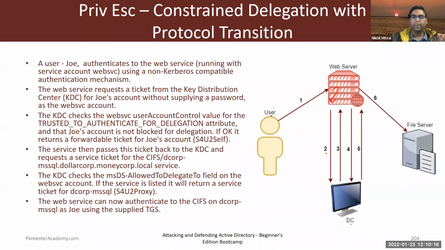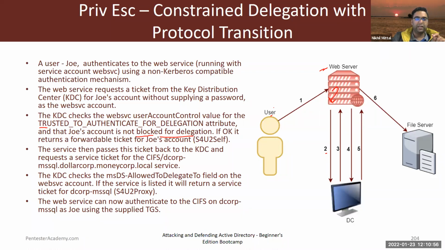What does that mean? That means that the web server starts authenticating users out of thin air. Why? Because the KDC checks for only a couple of things. One, is the web server service account trusted to authenticate for delegation? That is, if constrained delegation is enabled on this service account. And second, for the user for whom the ticket is being requested, is that user blocked for delegation?